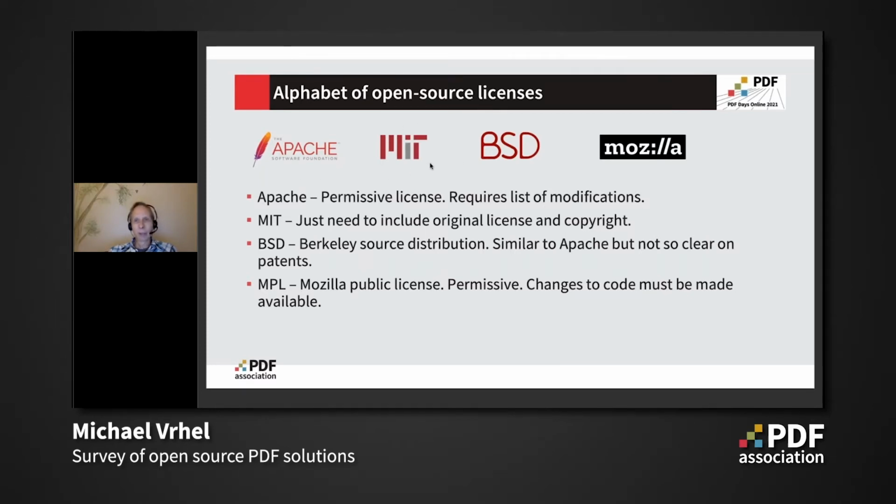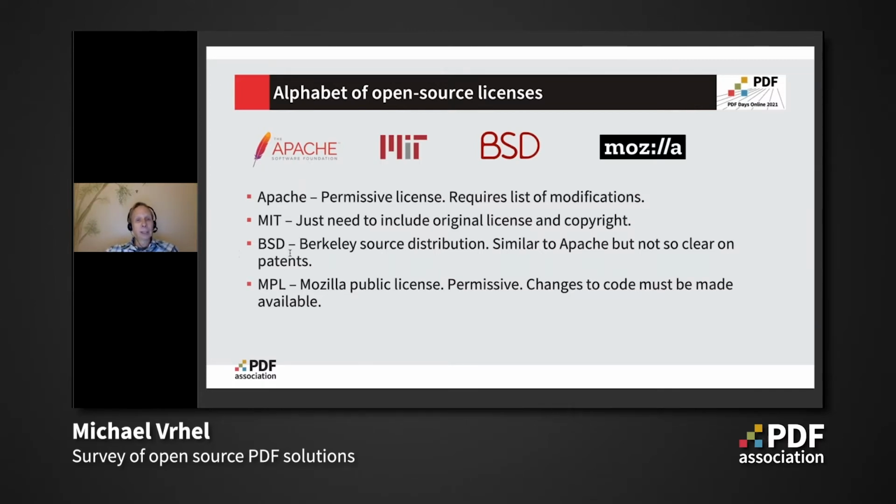And here we have a list of other open source licenses, including the Apache license, which is a very permissive license. All it requires is a list of modifications if you do any, but it's basically you can use it with your proprietary code without any problem. MIT license is also extremely permissive, just need to include the original license and copyright information.